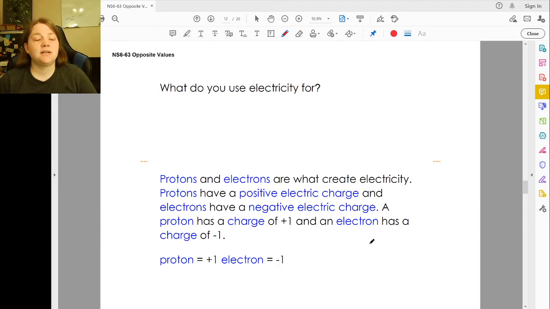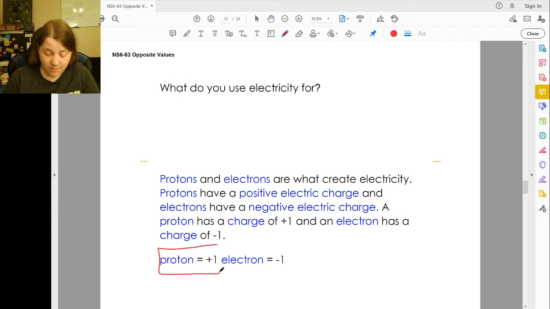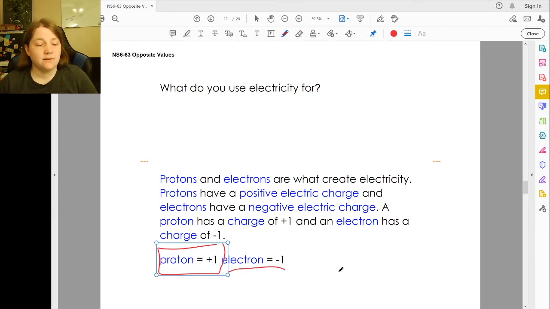Think about protons and electrons. Protons have a positive charge. Electrons have a negative charge.